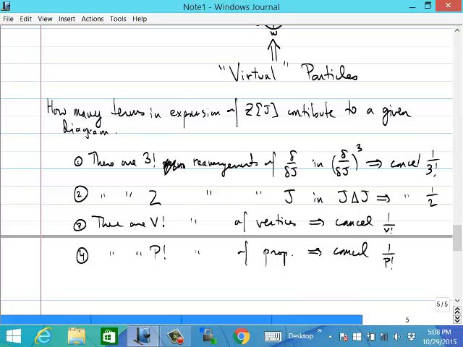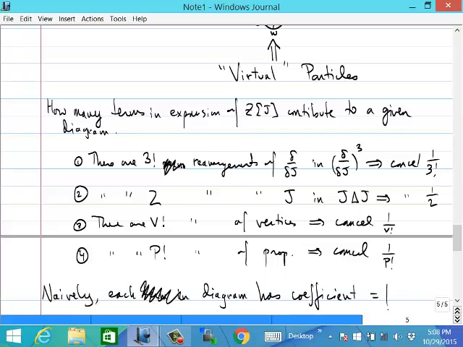So what does that mean? That means that if the argument that I gave you up above were right, which unfortunately it's not, but if that argument were right, each term in each diagram has a numerical coefficient that's precisely equal to 1.